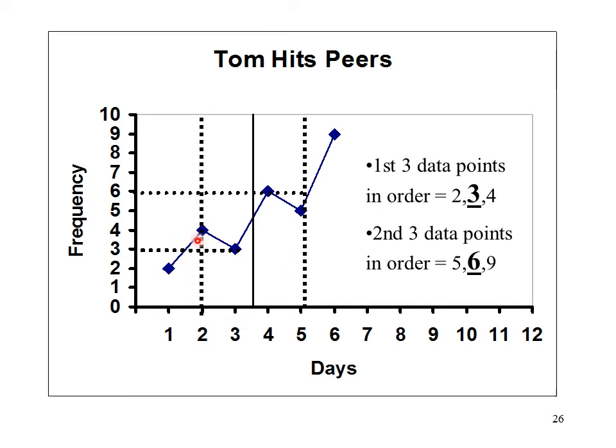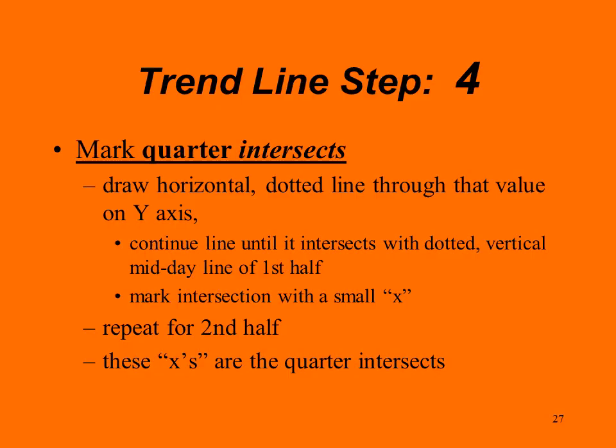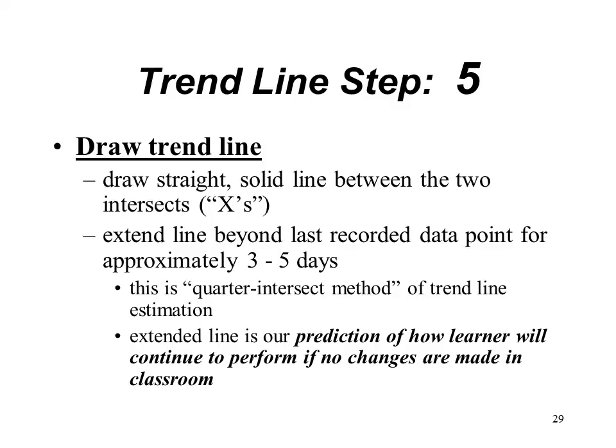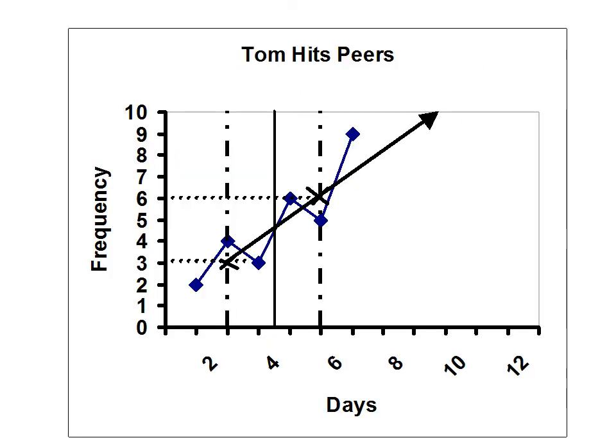Now what I'm going to be doing next is making an X here and making an X here and connecting these 2 lines. That's going to become my trend line. So I mark the points for the line, I connect it with a line, I draw a line, and that becomes my line of prediction.